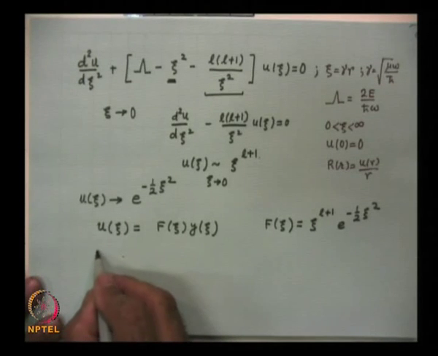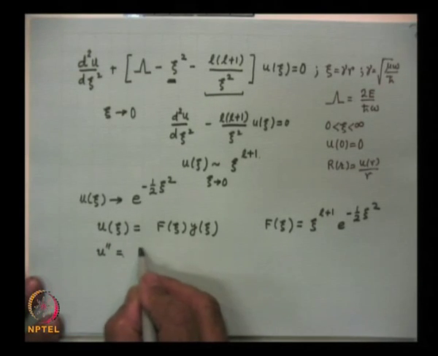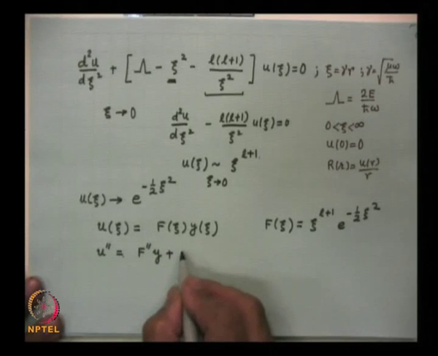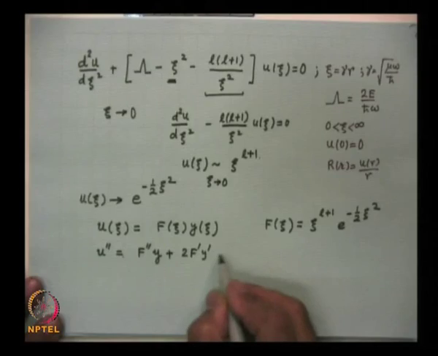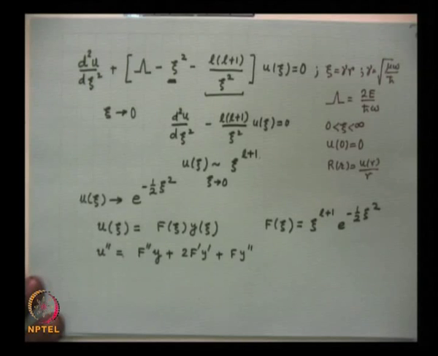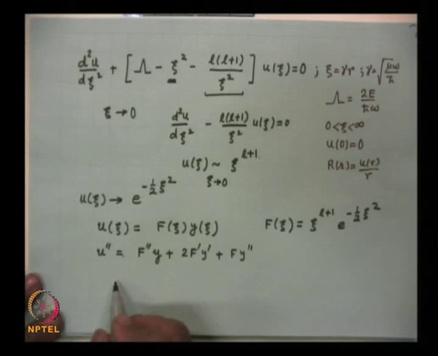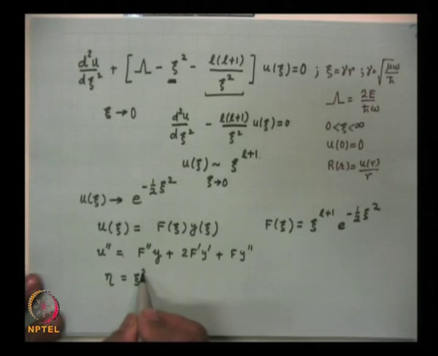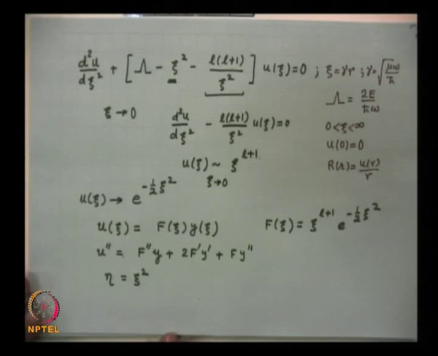As you recall, we had u double prime is equal to f double prime y plus 2 f prime y prime plus f y double prime, and we can calculate f prime and f double prime from here. These are rigorously correct solutions. We make another transformation, defining a new variable eta equal to xi square, as we had done in the harmonic oscillator problem.